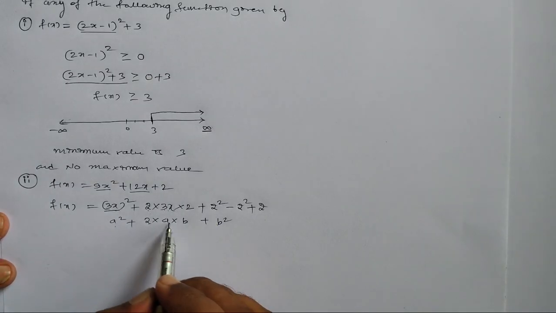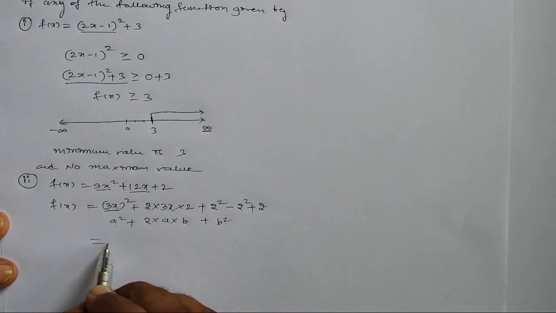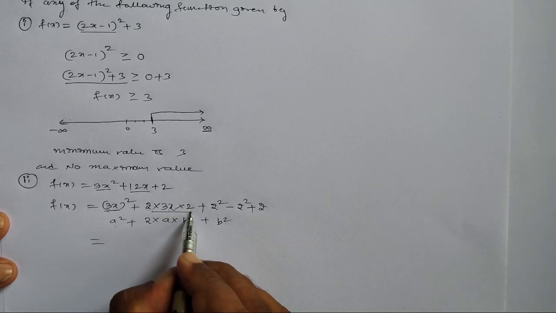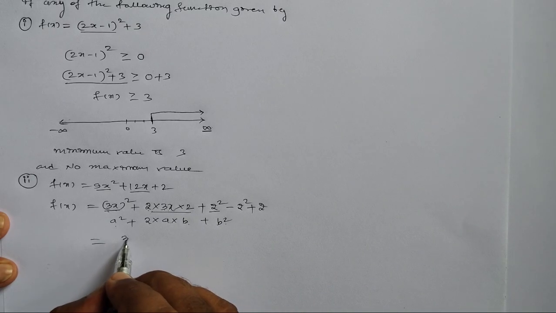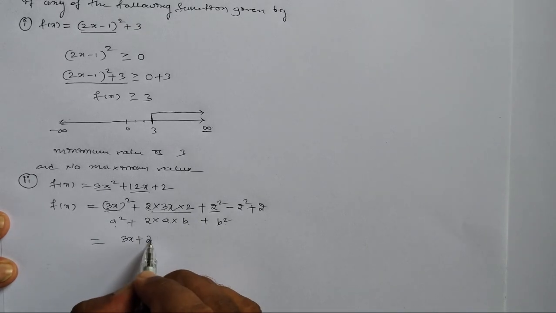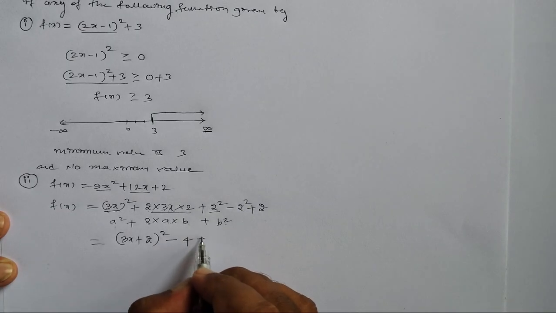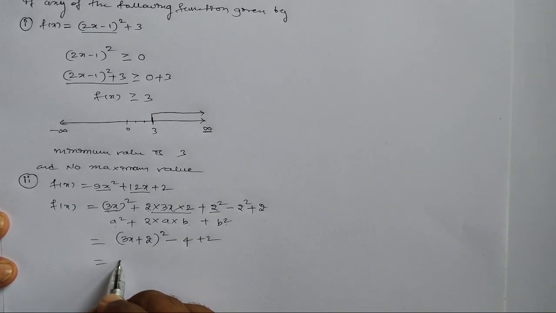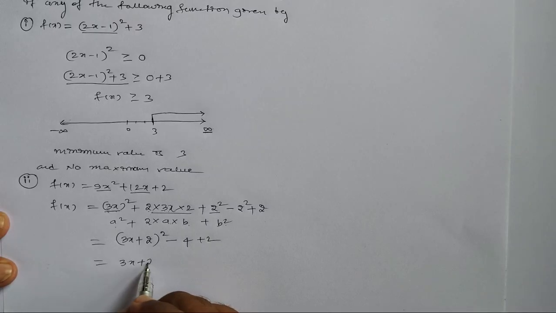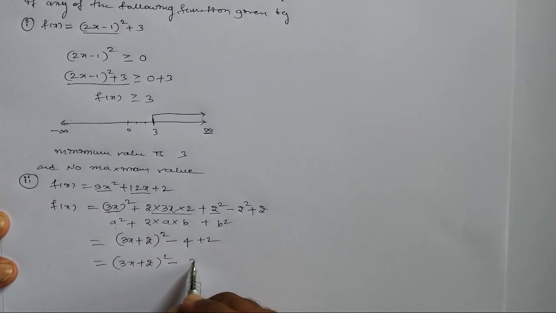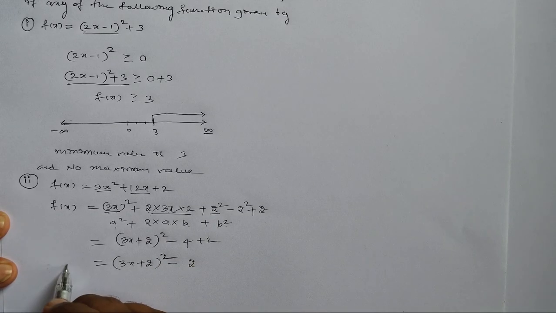What is the a square plus 2ab plus b square formula? That is equal to (3x plus 2) whole square. 2 square becomes 4, minus 4 plus 2, so I can write this one as (3x plus 2) whole square minus 2. Okay, right. So this is f of x.